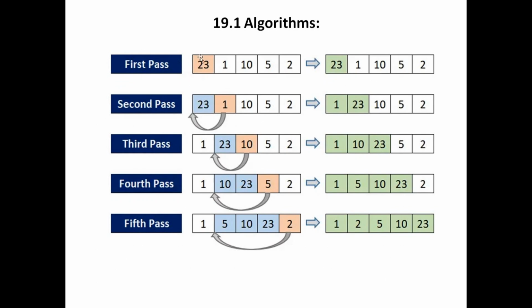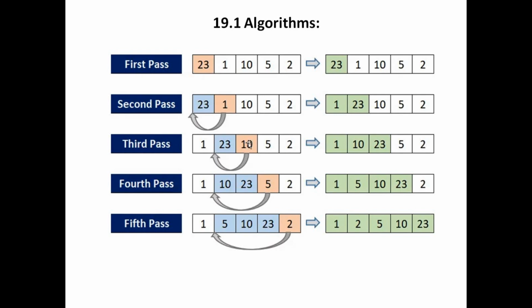So how it works: this is the first element, it will mark it as sorted. Then it will compare it with the next element and decide that okay, 1 should be placed before 23. So it will do that. Now this is the sorted part and this is the unsorted part.